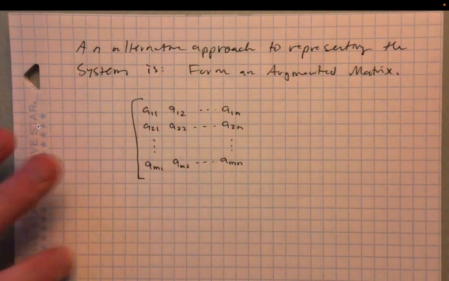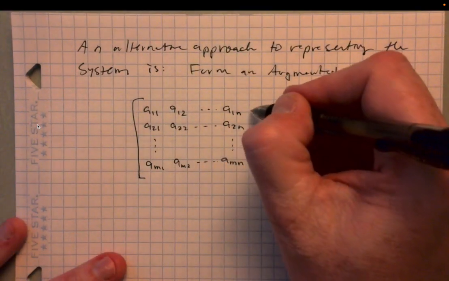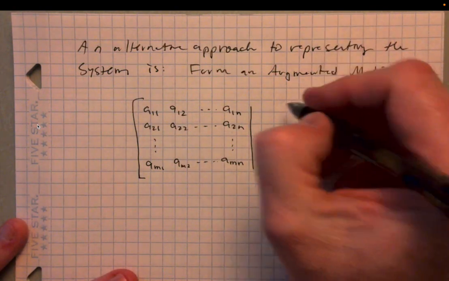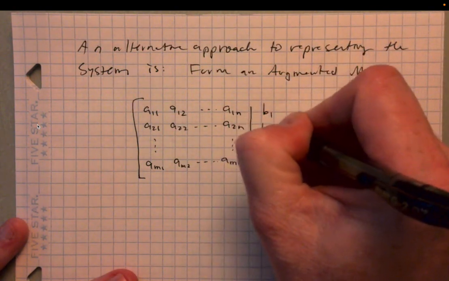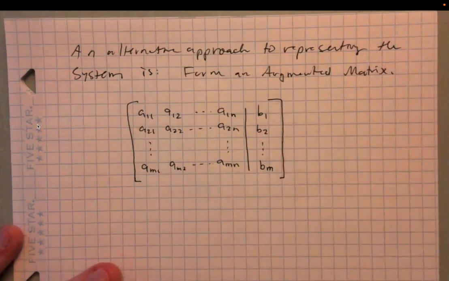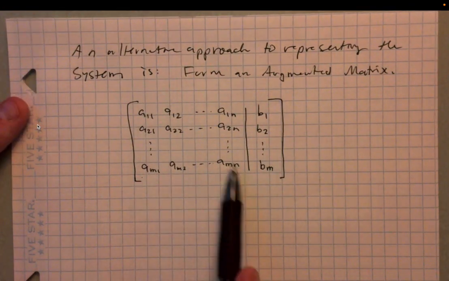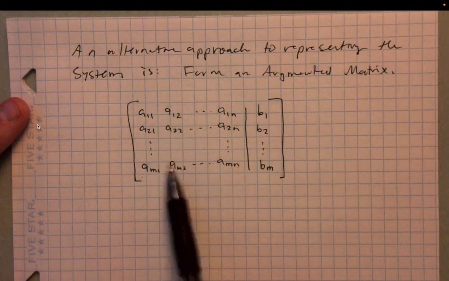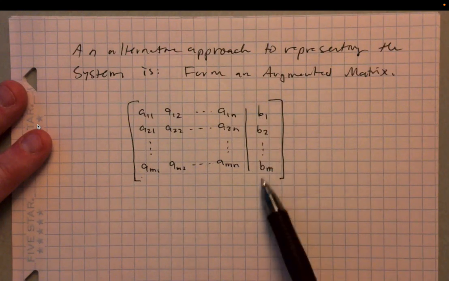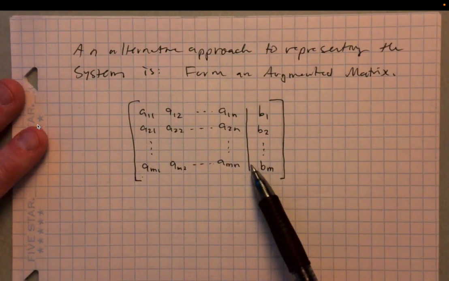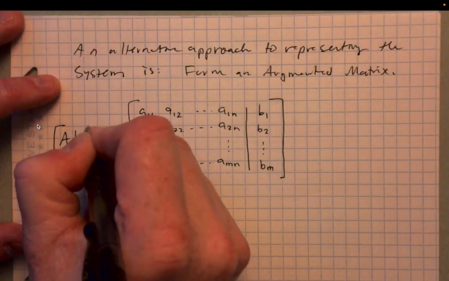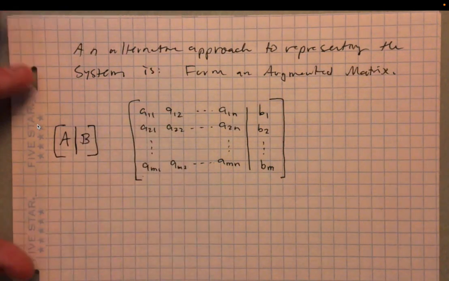But then we insert into the coefficient matrix the scalars that each of the equations sum to: B1, B2, dot, dot, dot, Bm. This is called an augmented matrix because it starts with the regular coefficient matrix, and then we augment it with the scalar matrix, the B matrix. This is frequently denoted as A, B, with a vertical line indicating this is an augmented matrix.